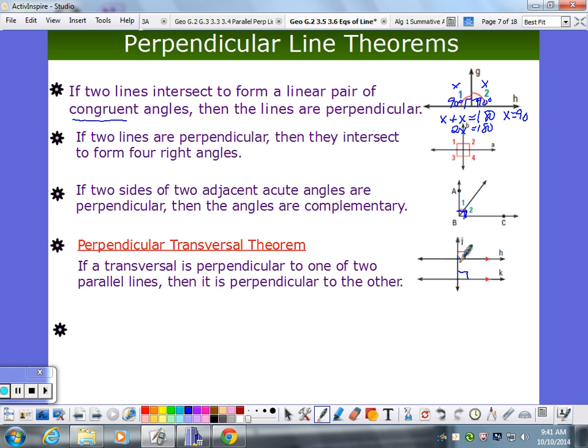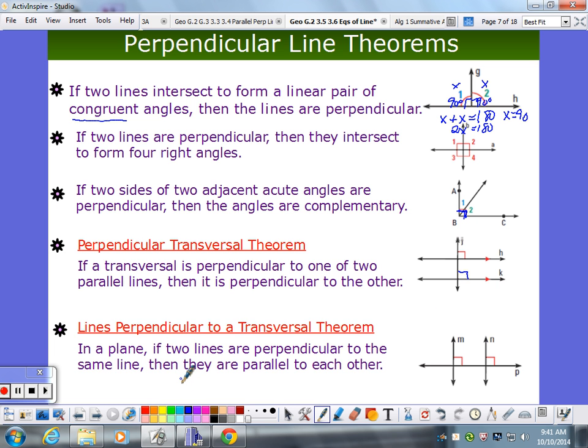Oh, what is that one? That's one of our new ones. What are the words we need to say here? Do you remember what we need to say? Corresponding angles of parallel lines are congruent. It's the corresponding angle postulate. I would never remember the name. Corresponding angles of parallel lines are congruent. So because this is now a right angle, I can see that it's perpendicular.